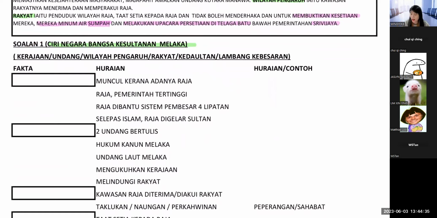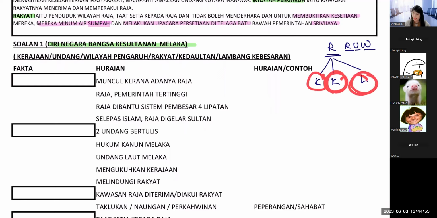Now our Raja, our rakyat, undang-undang, wilayah pengaruh, we remain. But the Raja cannot manage alone. He convert into 3, KKL, which is a government, a sovereignty, and a lambang kebesaran.